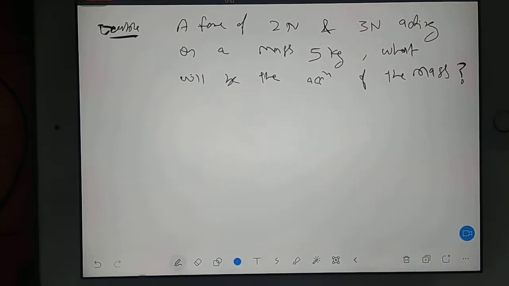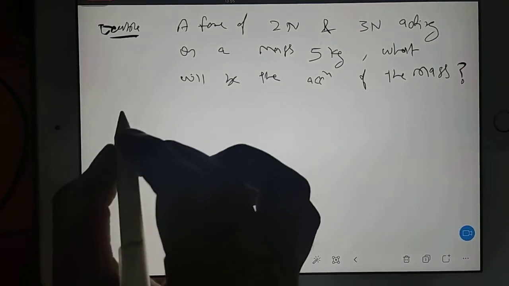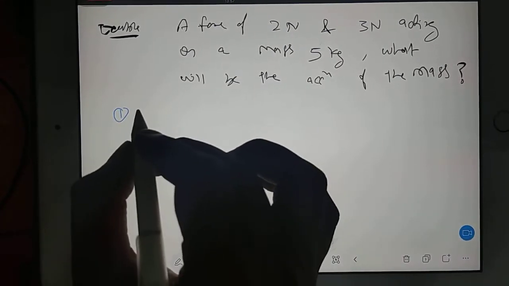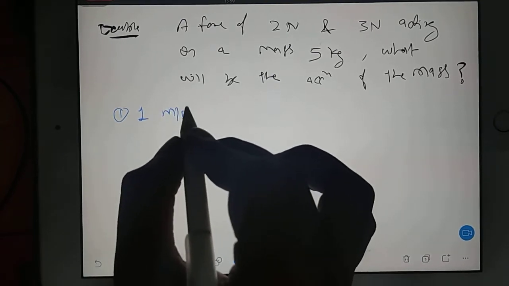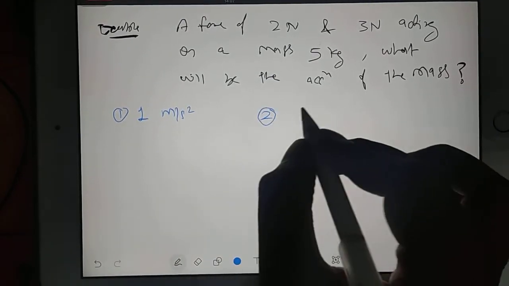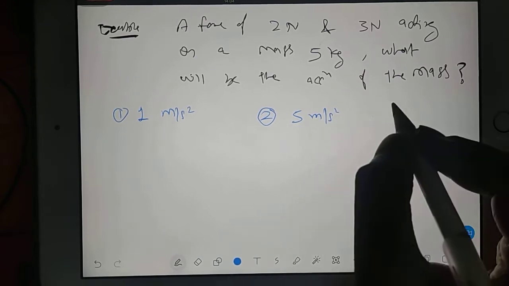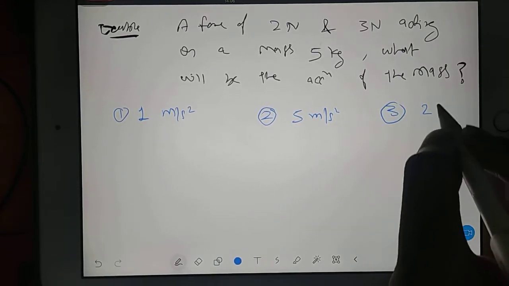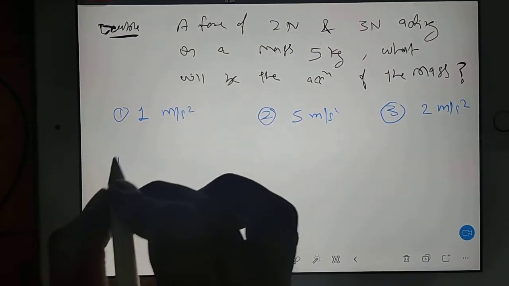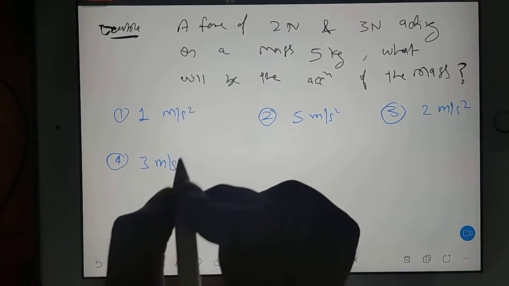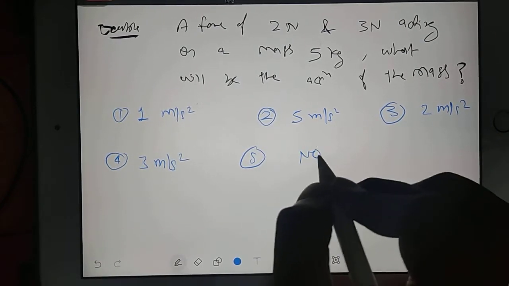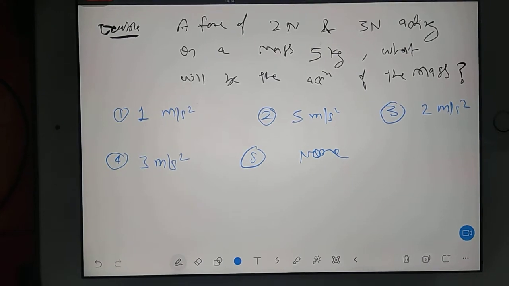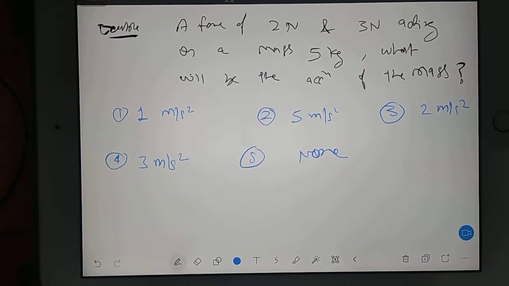Now you see here, I will give you the options. Option 1: 1 meter per second square, option 2: 5 meter per second square, option 3: 2 meter per second square, option 4: 3 meter per second square, option 5: none. You guys take the option, then I will explain.